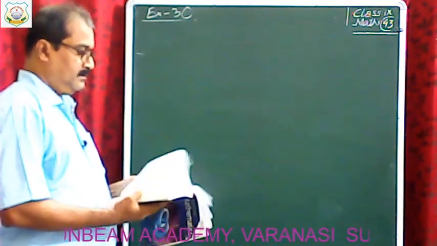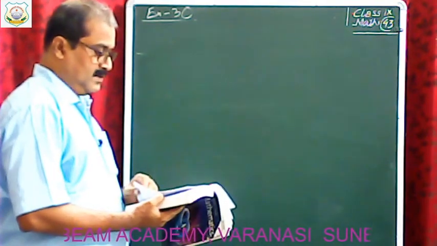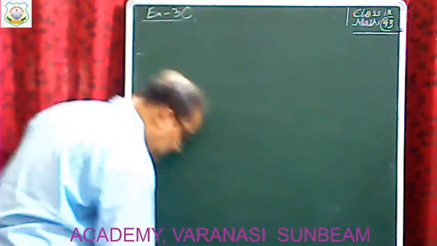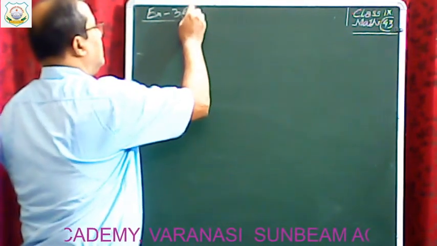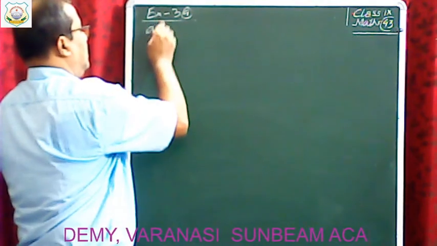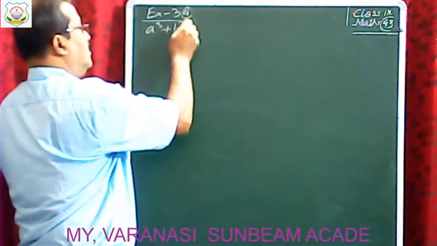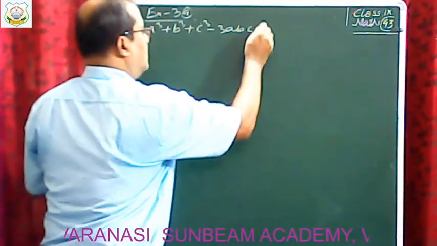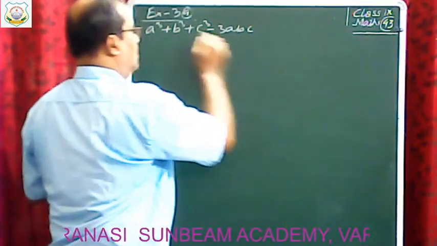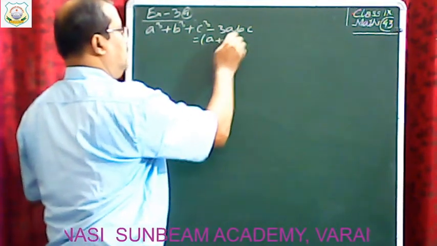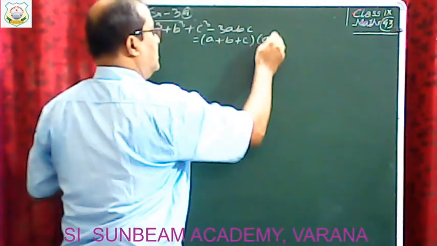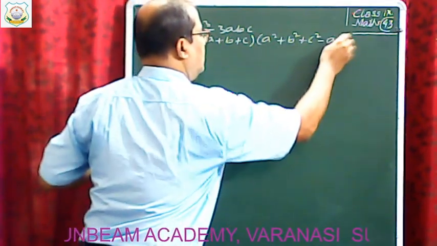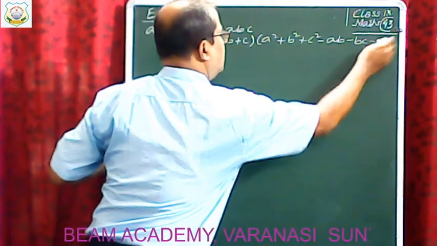The concerned algebraic identity: a cube plus b cube plus c cube minus 3abc equal to a plus b plus c, a square plus b square plus c square minus ab minus bc minus ca.